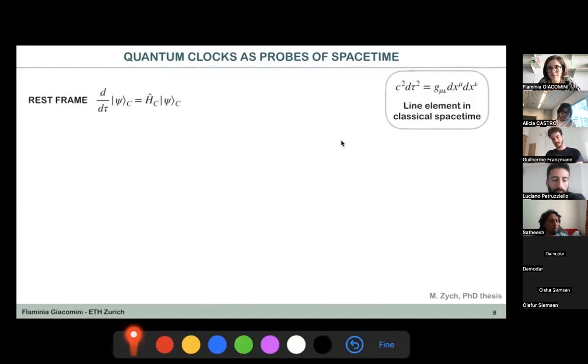Are they all commutative? No, they're not commutative, but they expected a cyclic transformation: translating by A, boosting by V, translating back by A, boosting back by minus V, should be something not observable, because in principle I should go back to the same point, but this is not the case.